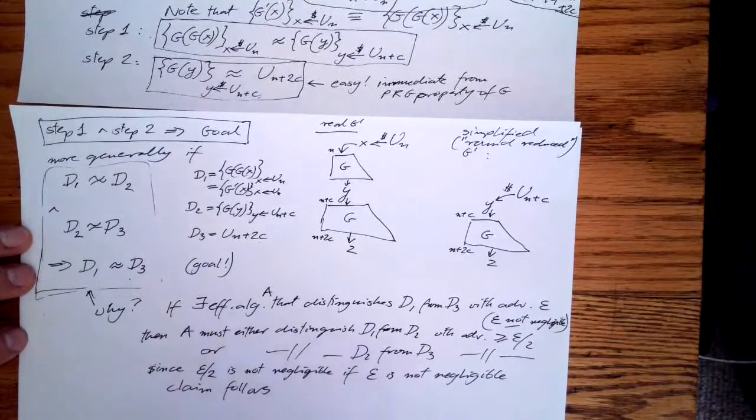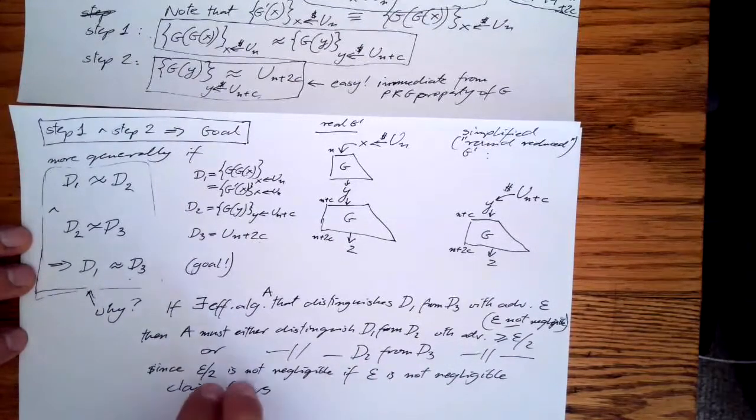The homework asks you to prove that if you have a negligible function, multiplying it by any constant, the new function is still negligible. So this claim in particular will follow.